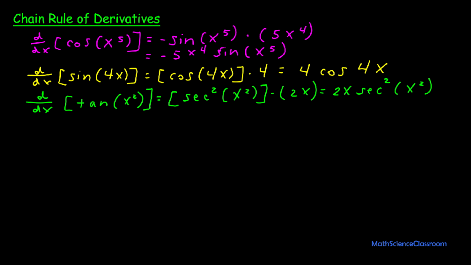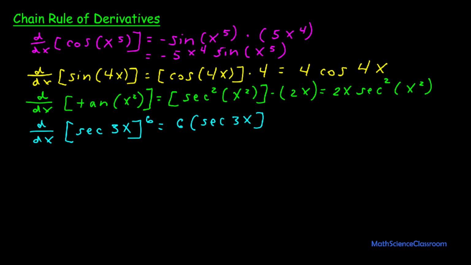Let's try another. So d/dx of secant of 3x to the 6th power equals. Now, we first are working with the outer function, which is the exponent. So 6 times secant 3x. Notice it's untouched.